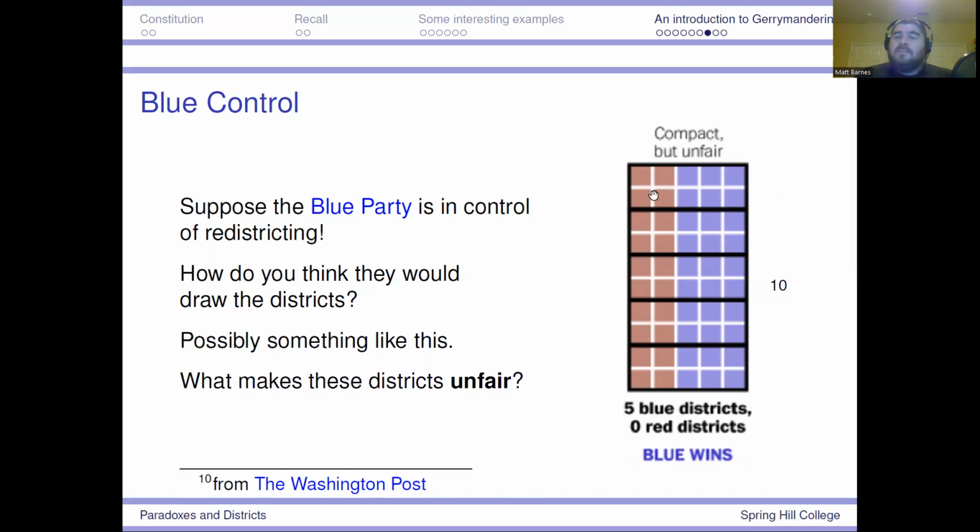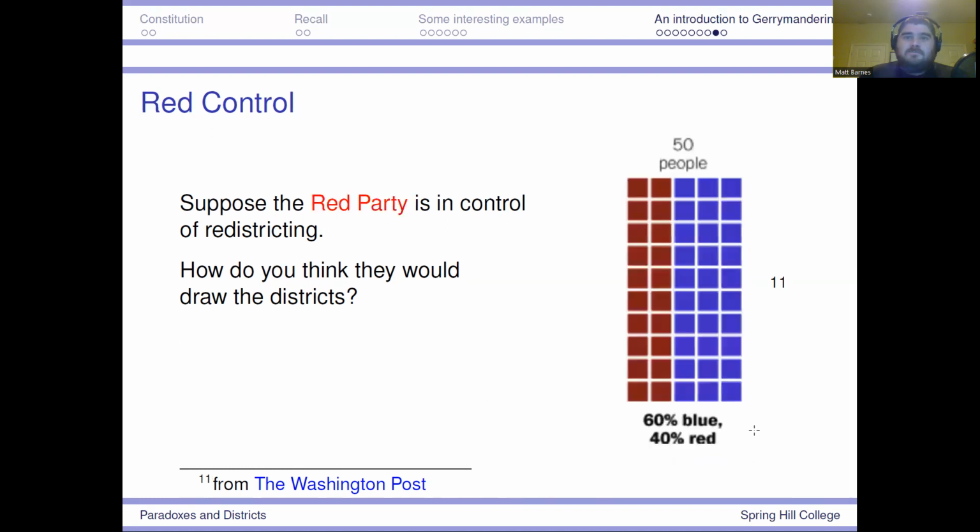But not quite, because in this district, if everybody votes according to party lines, which for simplicity, we're going to assume is what's going to happen here, then they would draw this way so that the red members always get outvoted by the blue members. Okay, so that means in these districts, actually 5 of them would be blue and 0 would be red, which is not a reflection of what the populace was.